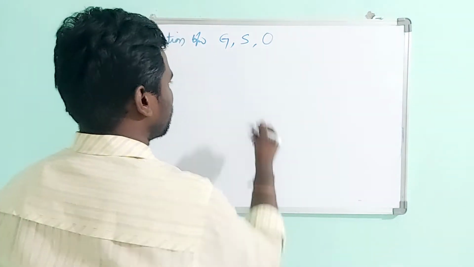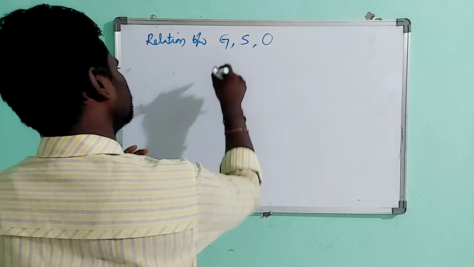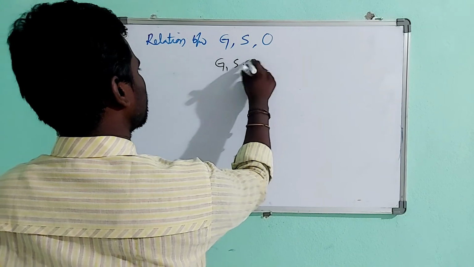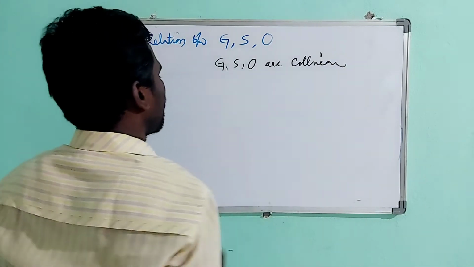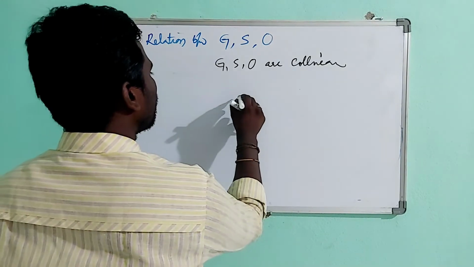This is a very important one. So centroid, circumcenter and orthocenter are collinear.